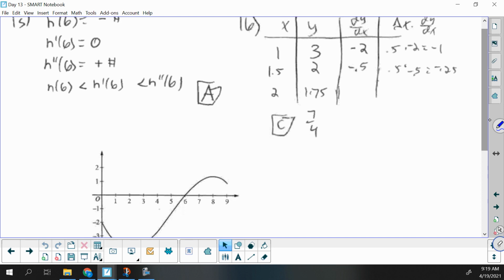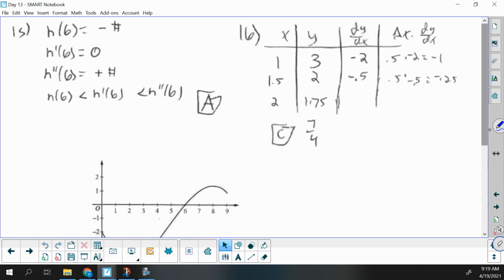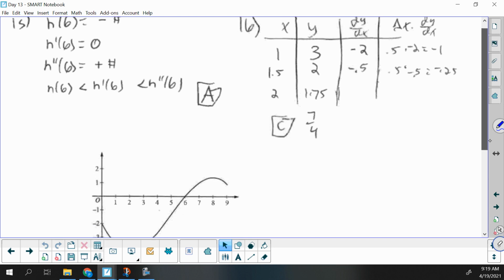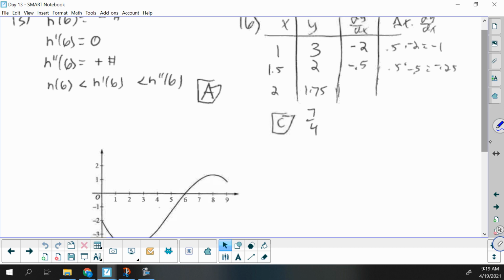So for 15, at 6, we want to recognize that f prime is 0. We want to notice that the slope is positive, so f double prime is a positive number. And notice it's also going to be a relative min in f because f prime is switching from negative to positive.